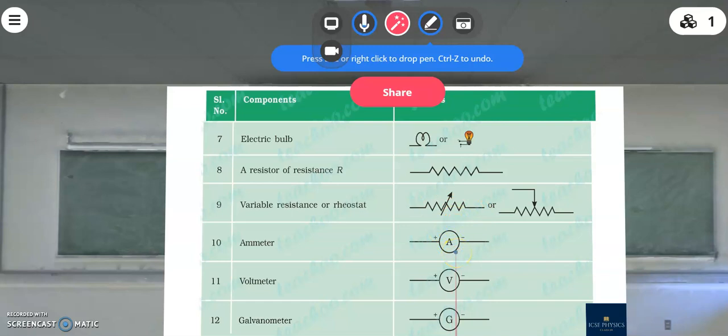Then ammeter is the one which measures current, and its circuit symbol is like this. Similarly, a voltmeter is represented as V inside a circle. Similarly, galvanometer measures deflection. You must have studied about it in electromagnetism. It's represented like this.